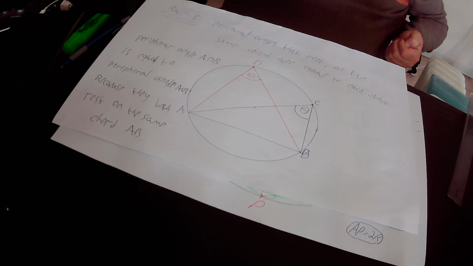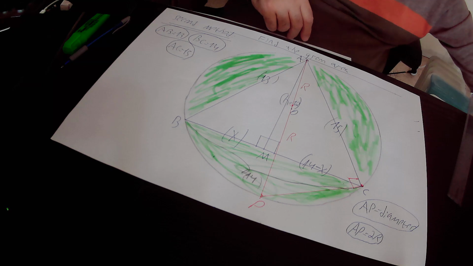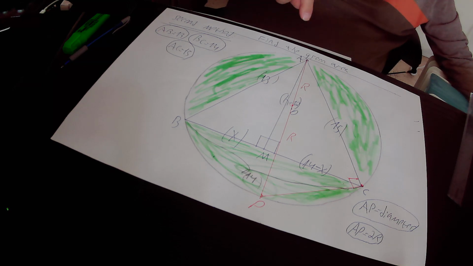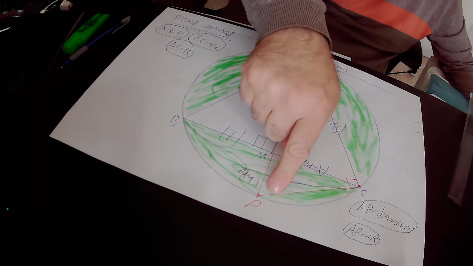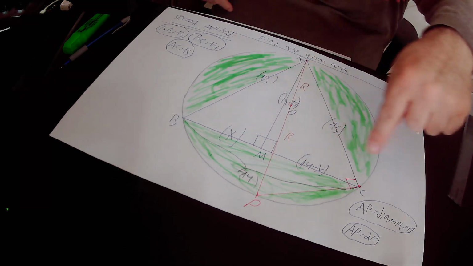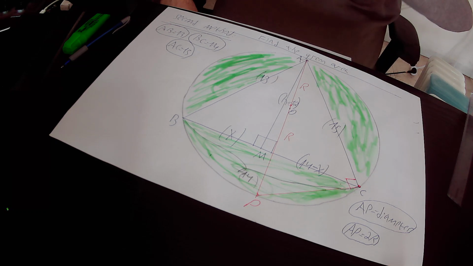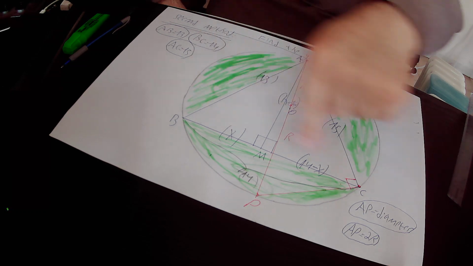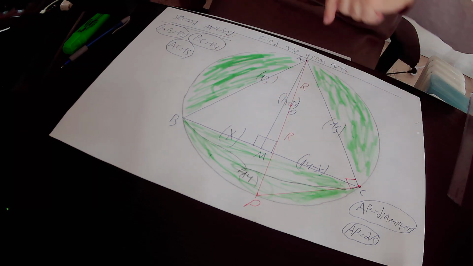We can implement rule number 8 in our drawing. Why? Because in our drawing, we have peripheral angle APC. This peripheral angle APC rests on chord AC. We have another peripheral angle ABC. This peripheral angle ABC rests on the same chord, chord AC.